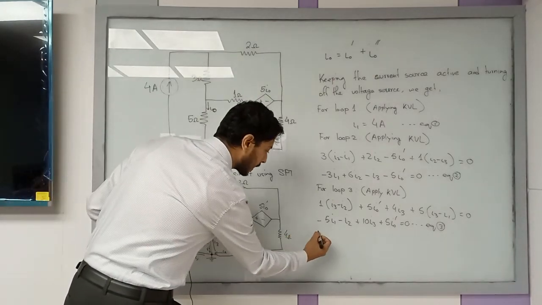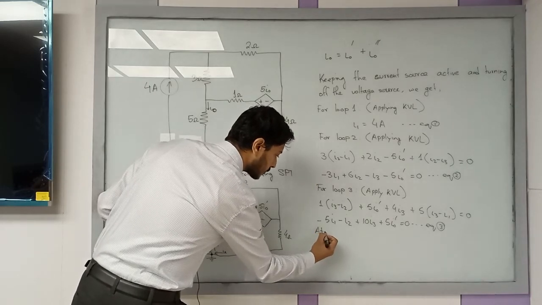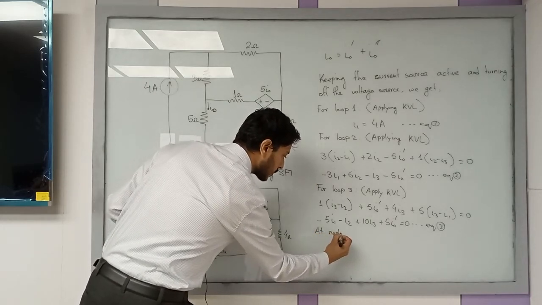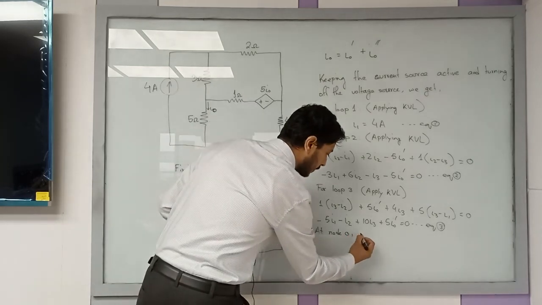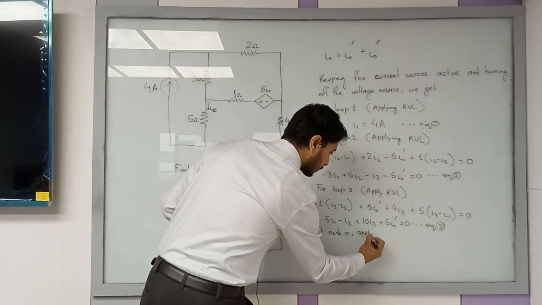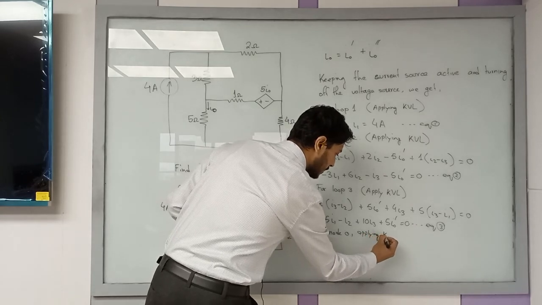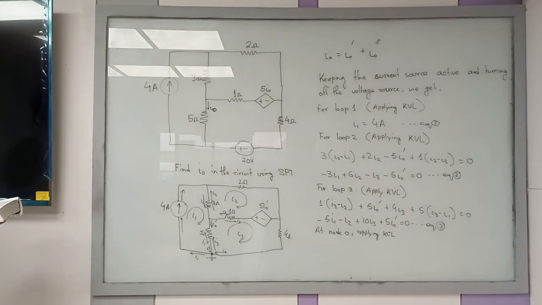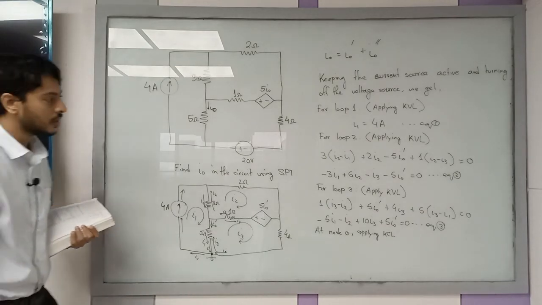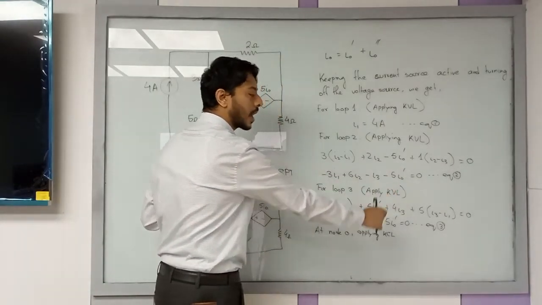So I write that at node 0, apply KCL. Why do we need to take this into account? Because we have a current I naught prime.